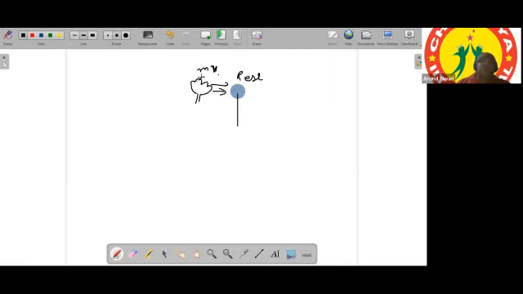The momentum of the slap plus the momentum of the head is not equal to zero. The person who is slapping is not giving you a slap with zero velocity. He is striking your cheek with a certain velocity. So it has a certain initial velocity, right?